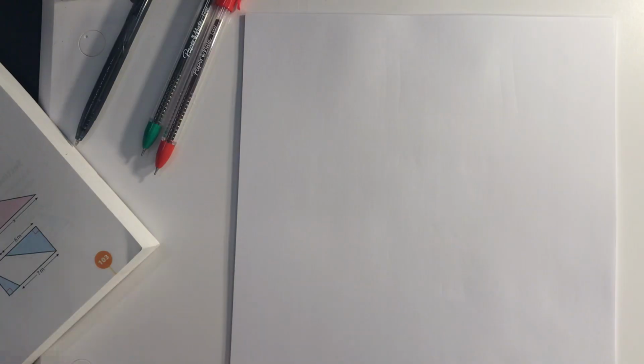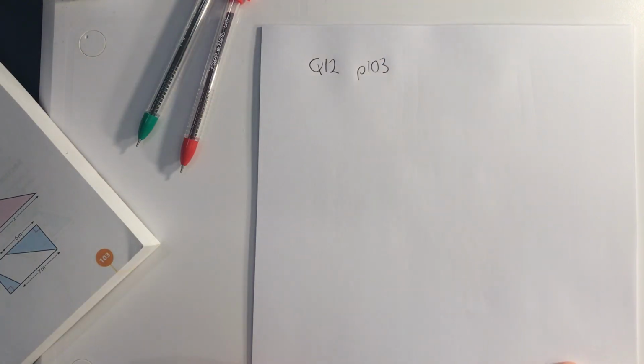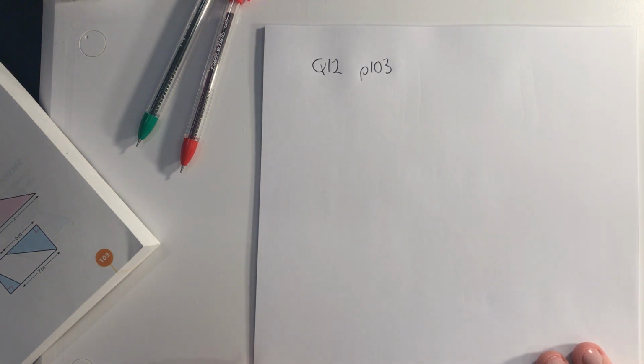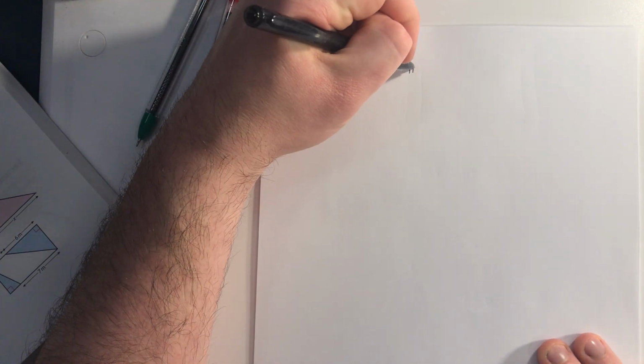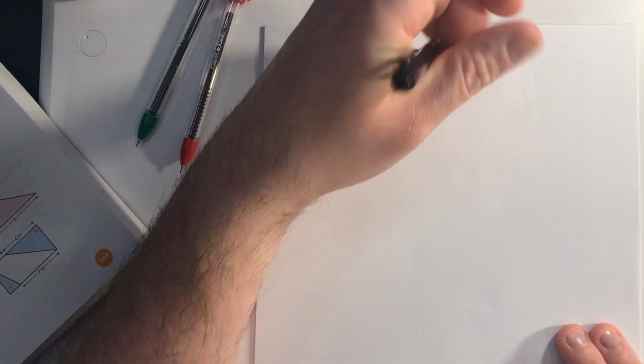Now, let's take a look at question 12. Page 103, and we're going to take a look at let's do part 3. And we have this triangle here.